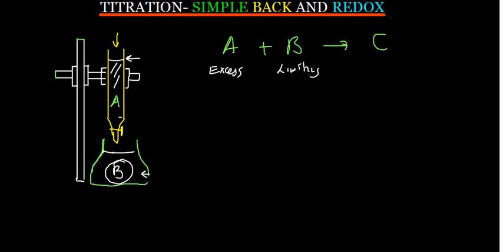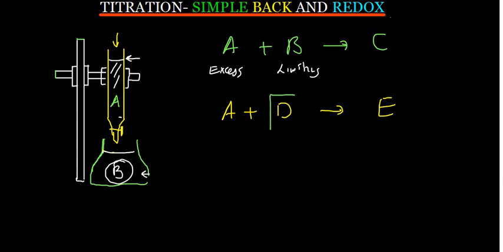Now, when that happens, this one which is in excess, when the reaction is complete, some of it will still remain unreacted. Okay? So that part of A that has remained unreacted, you are going to react it with another compound D, and you are going to form some E. Now in this second reaction, this is a complete reaction, meaning that all of A and all of D have reacted. Nothing has remained. So what you are going to do in this reaction is that you are going to be given data about this one most of the times.